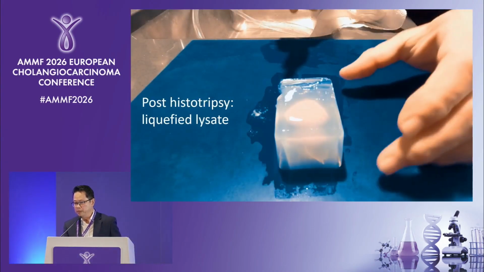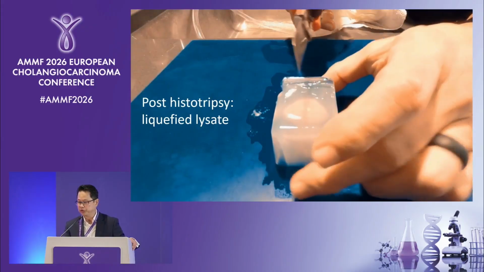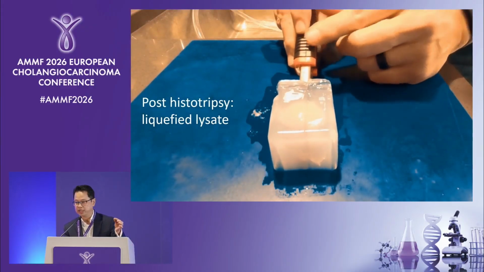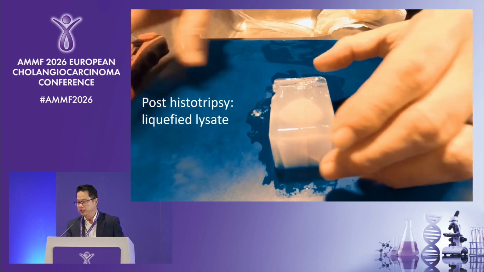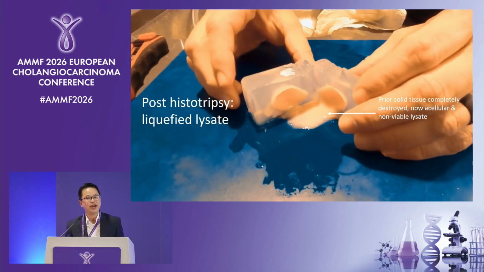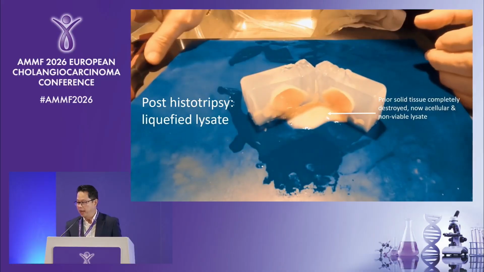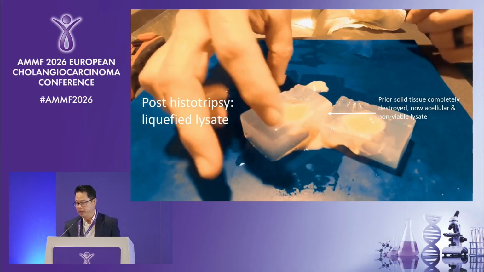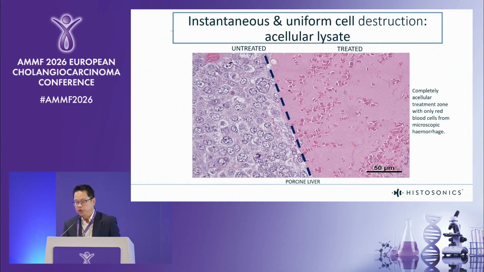And here's a phantom. This is during our demonstration. After histotripsy, embedded in the jelly is the liver. You will see these liver cells being liquefied, becoming what we call lysate, without any cellular components within it. So here's the microscopic difference between the treated and untreated area.